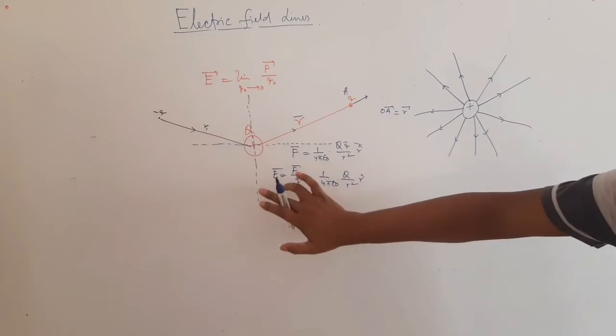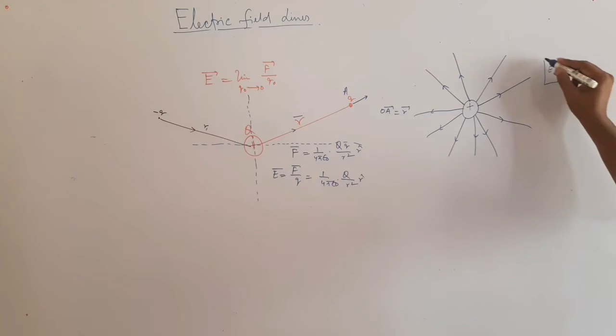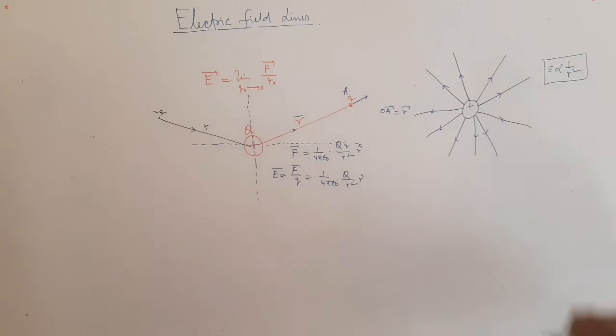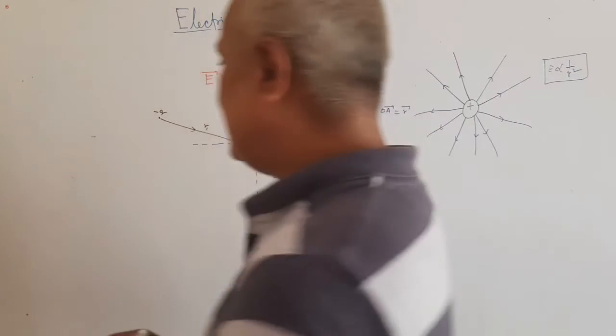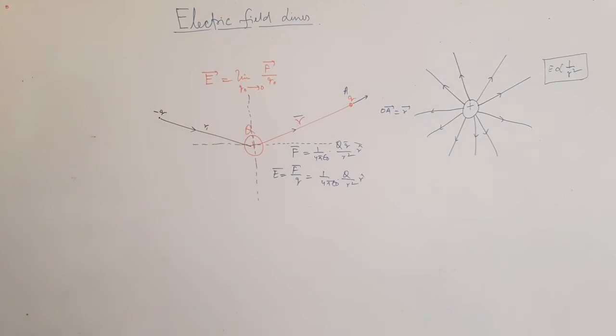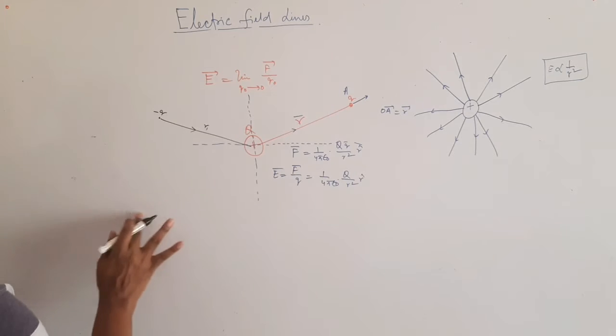Mathematically, the electric field lines also follow the inverse square law, meaning if the distance of separation from the charge increases, then the electric field decreases. Now in the case of a negative charge, what will happen? You can assume that the electric field lines will be converging at that point.